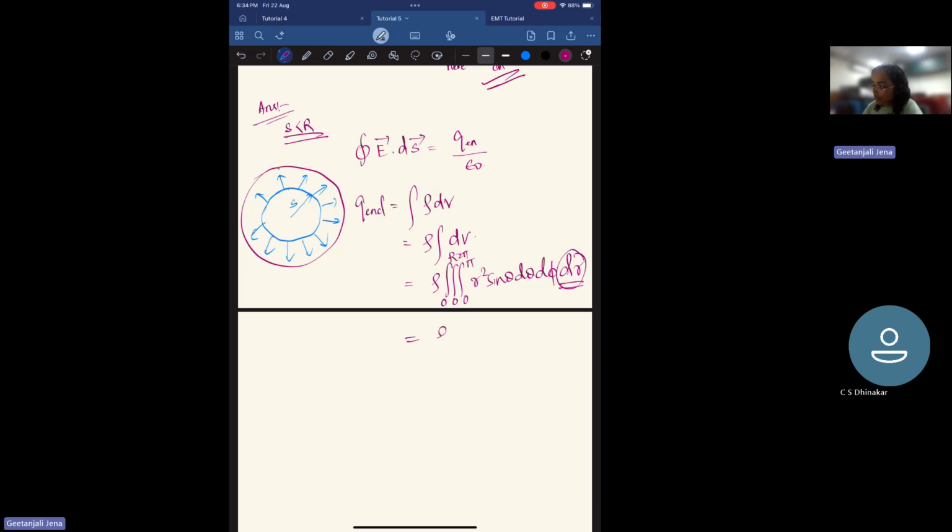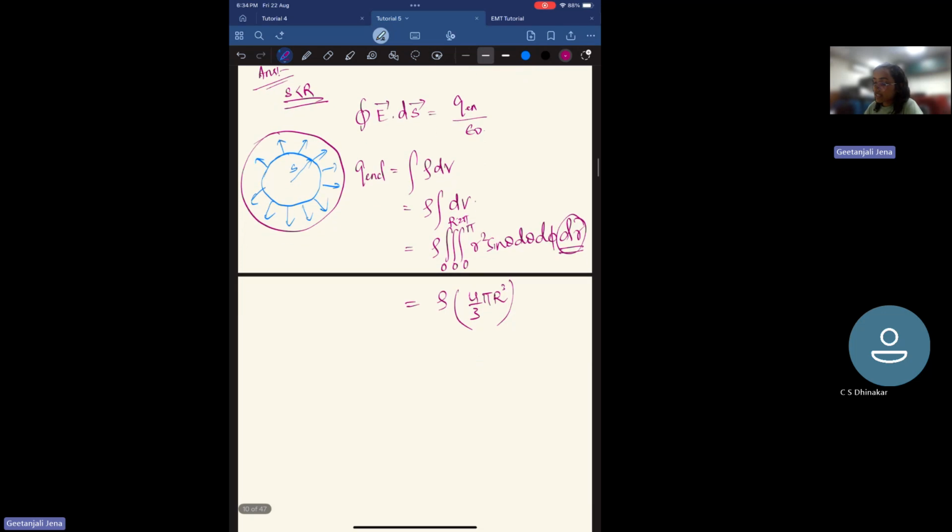So this will give rho times the volume of a sphere, which is 4 by 3 pi r cube. But this is for the whole volume of the sphere. For a sphere inside this solid sphere, the Q enclosed will be from 0 to s. So we have Q enclosed is rho 4 by 3 pi s cube.